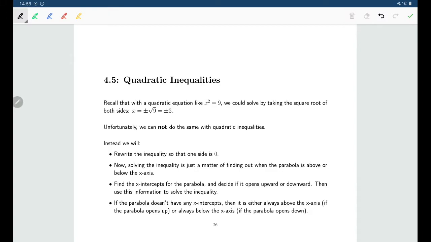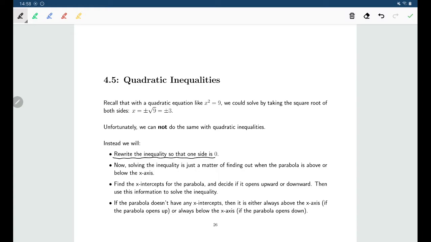However, we can use graphing to solve the problem, and that's actually a faster way to do it anyhow. When we're thinking about parabolas, any quadratic inequality can be rephrased as a quadratic function being greater than 0, less than 0, greater than or equal to 0, or less than or equal to 0, when we rewrite the inequality so that we've got 0 on one side.